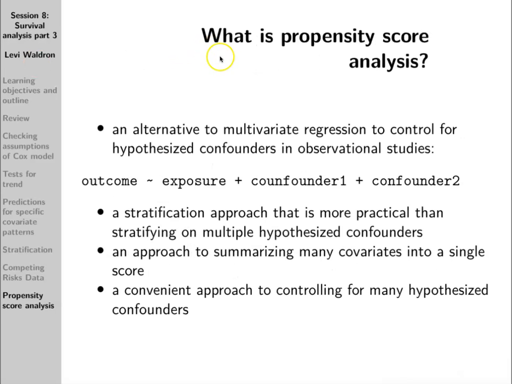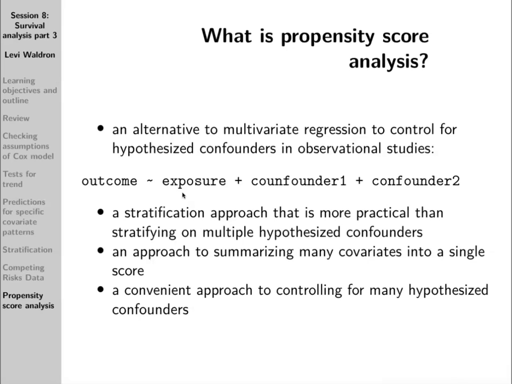Okay, so what is propensity score analysis? First of all, it's an alternative to the multivariate regression that you have learned for controlling for hypothesized confounders in observational studies. The approach that you have learned is to take your outcome variable and model it as an effect of your exposure as well as your hypothesized confounders, and then look at the coefficient of the exposure after correcting for these hypothesized confounders.